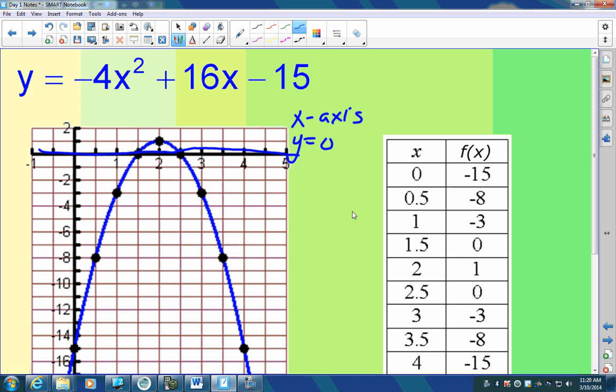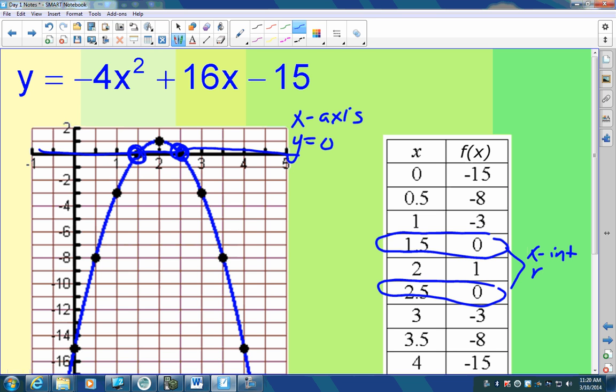Now, it says find the points where your pencil intersects the graph of the function. Highlight these points of intersection on your graph and on your table. So they intersect here and here. It's where y is 0, and so I'm going to circle these. Those are your x-intercepts.